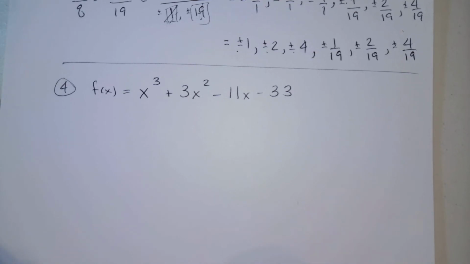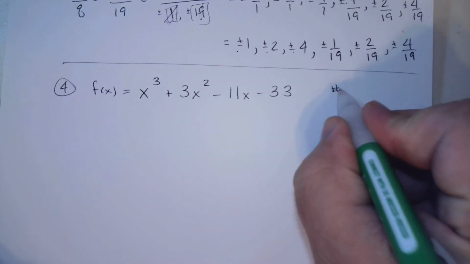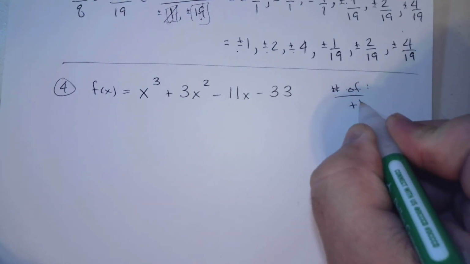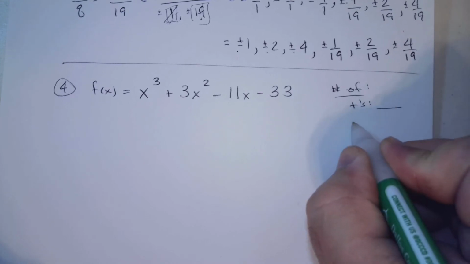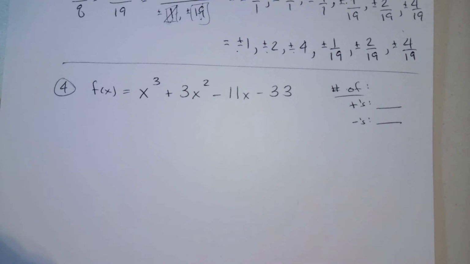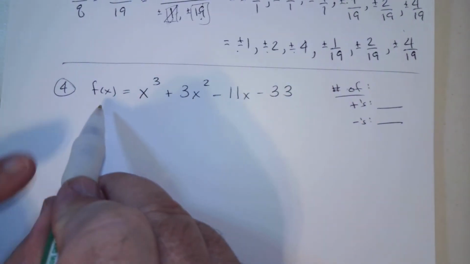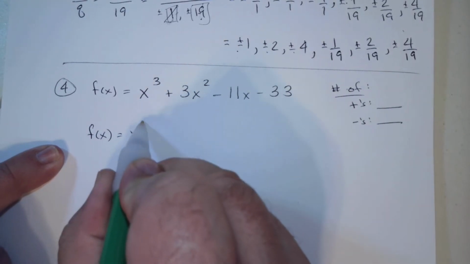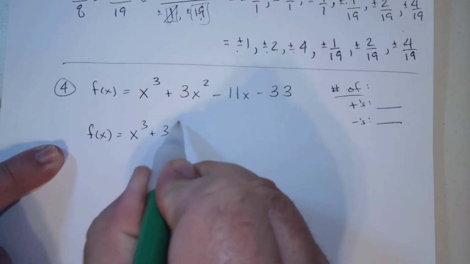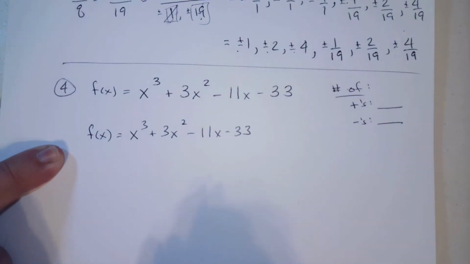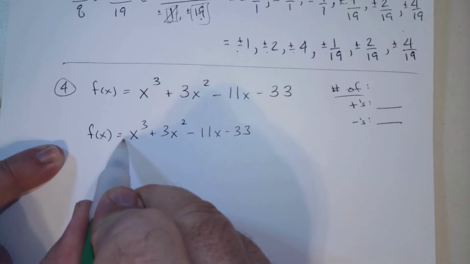Let's first use Descartes' rule of signs. Let's look at the number of positive and negative answers. So Descartes' rule of signs says, let's first take it as is and check the sign changes.